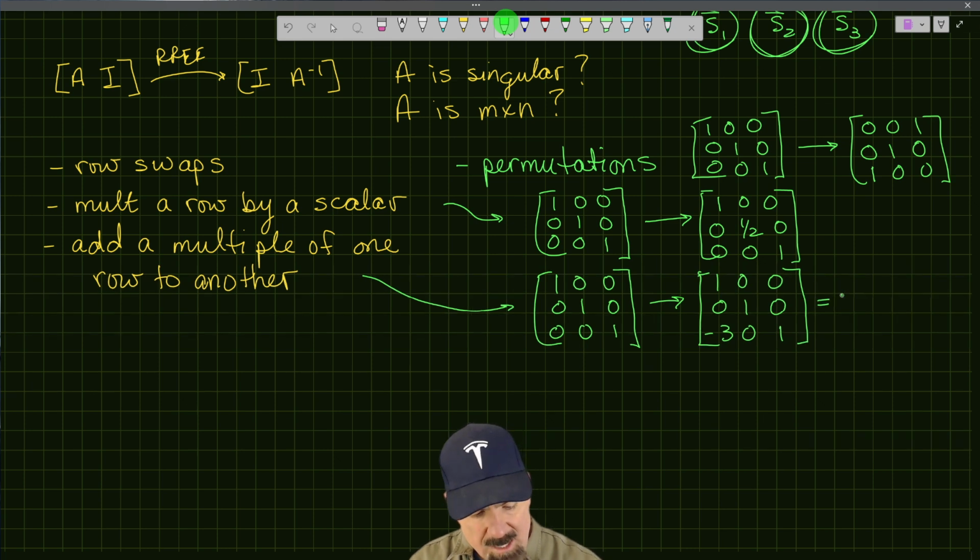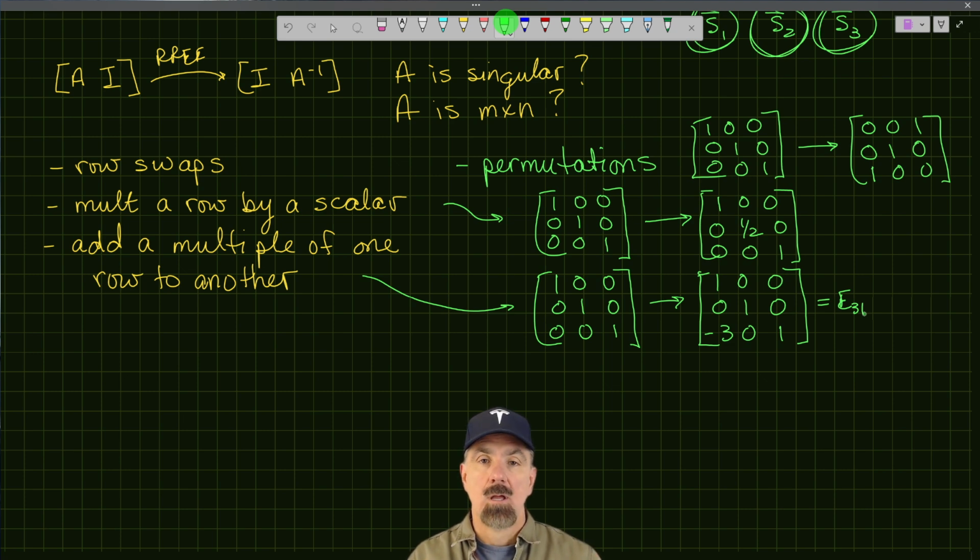And you know that this is the elimination matrix E31 if I'm eliminating a number equal to 3 down in that 3-1 position. The point of this is, every one of the elementary row operations is something that I can do with a matrix. Moreover, I create the correct matrix for left multiplication by doing the thing that I want to do to the identity.